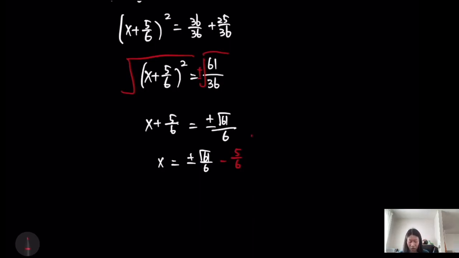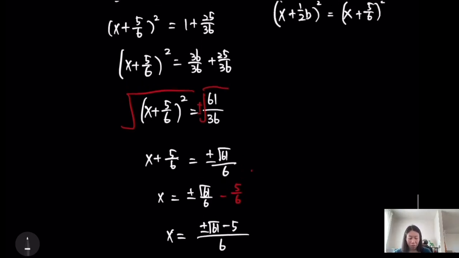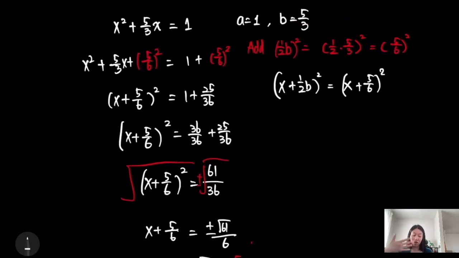Okay, so your solution is going to be x equals positive or negative square root of 61 minus 5 over 6. So you don't need to worry about fractions, or be scared when you see fractions. We just follow the same step. We multiply 1/2 b squared and then add it on both sides.